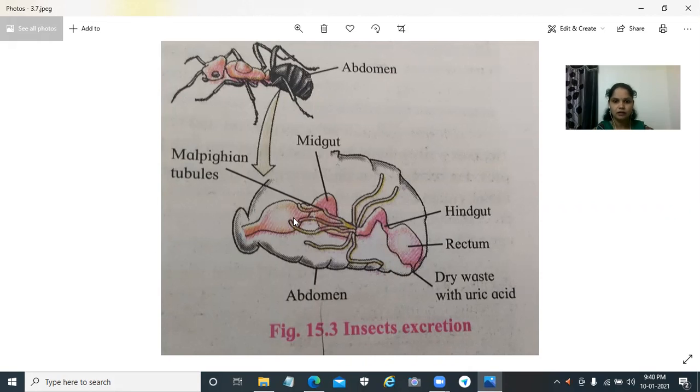Here is the foregut, midgut, hindgut, and the last part, the rectum. Inside the rectum there is digestive waste as well as excretory waste. This waste is in the form of dry waste, nothing but uric acid. Insects are uricotelic, meaning they excrete uric acid as the excretory product. So this is about insect excretion. Insects have Malpighian tubules as an excretory organ.